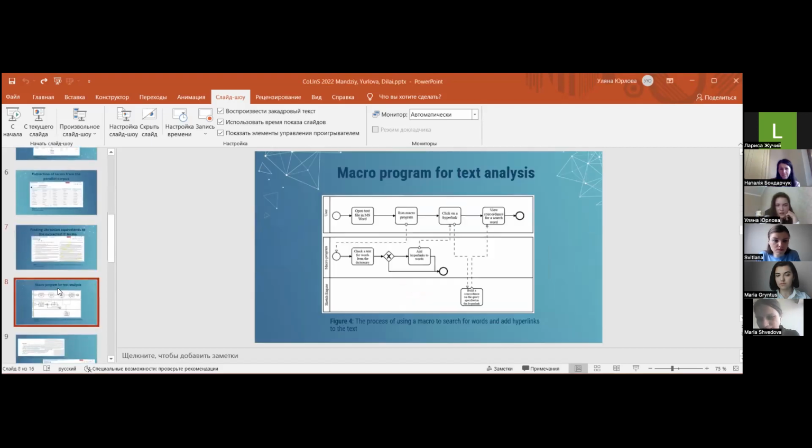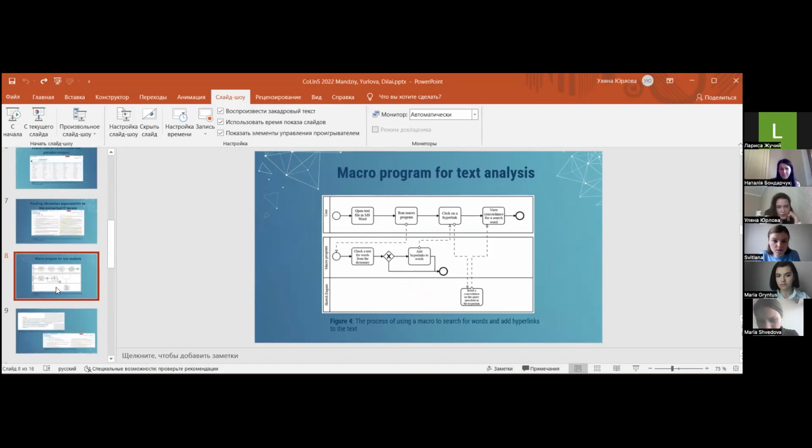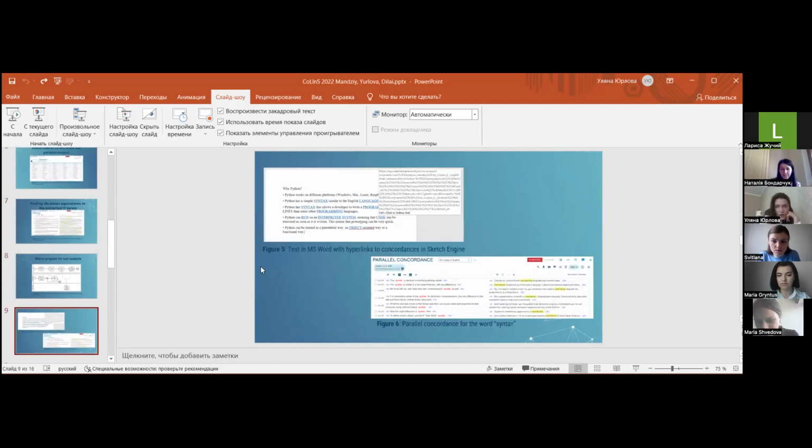It is the slide number 8, right? Or this yellow marking. Yellow marker, no, this is Sketch Engine program, and this is a concordance in Sketch Engine. And our program is a macro in Microsoft Word, and it only adds links to the main IT terms in the document, and then you click on this hyperlink and you go to the parallel concordance in Sketch Engine.